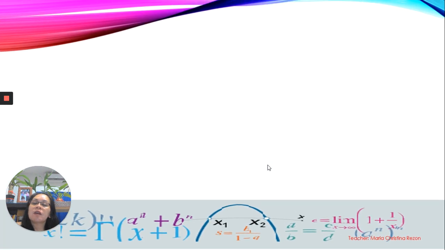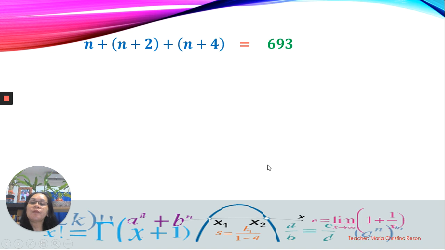Simplify further, you will have 3n plus 6, because you are adding all the n's here. So you'll have 3n. 2 plus 4 gives you 6 is equal to 693.